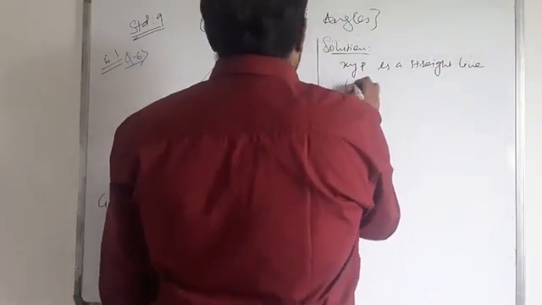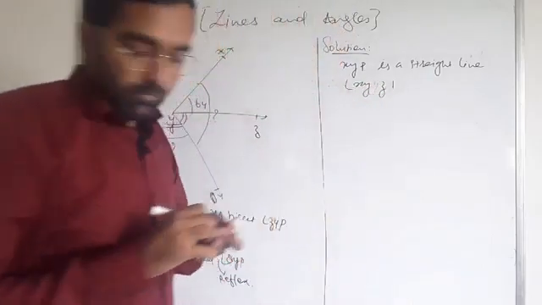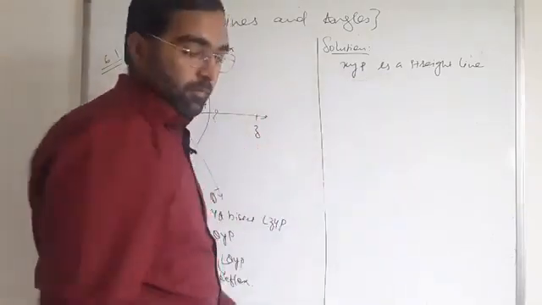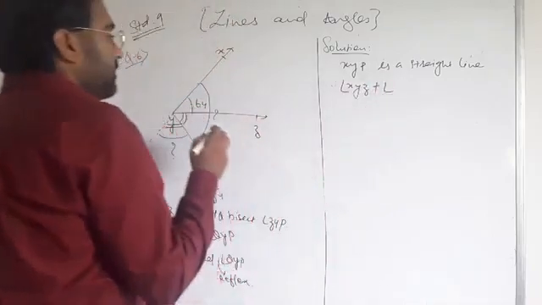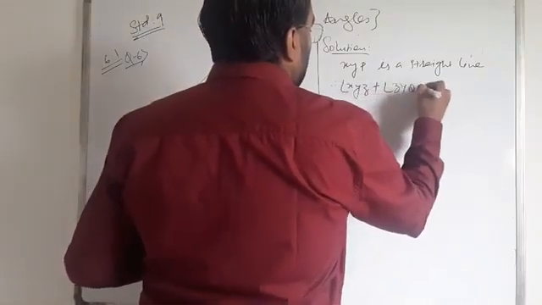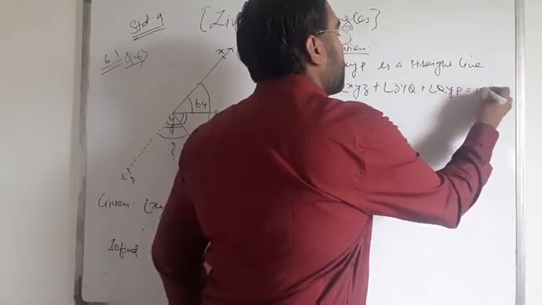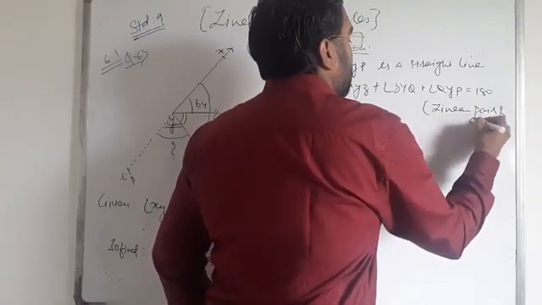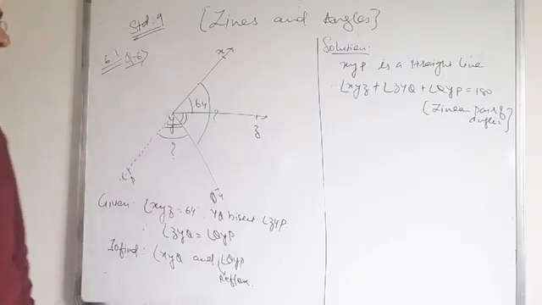Therefore angle XYZ plus angle ZYQ plus angle QYP is equal to 180 degrees because of the linear pair of angles.